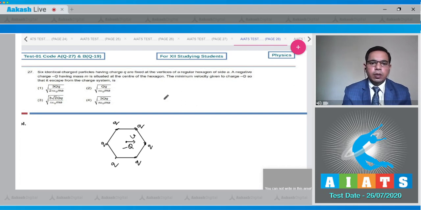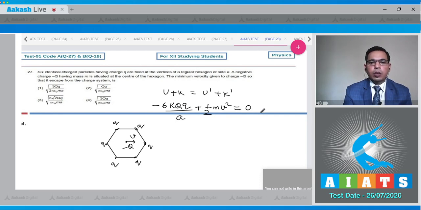From energy conservation we know that U plus K will be equal to U dash plus K dash. Initially the electric potential energy was minus 6 K Q upon A, plus, let the velocity be v, half mv square, and it will be equal to 0 plus 0, because the final kinetic energy is taken as 0, as it is asked for the minimum velocity.